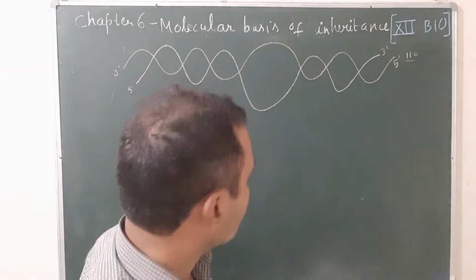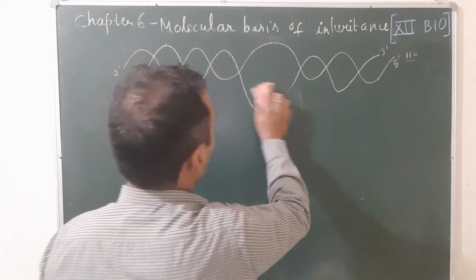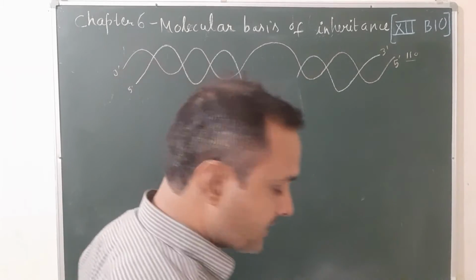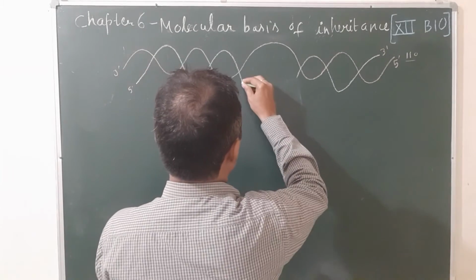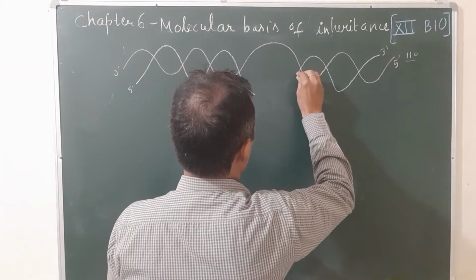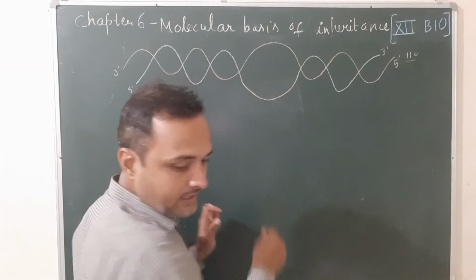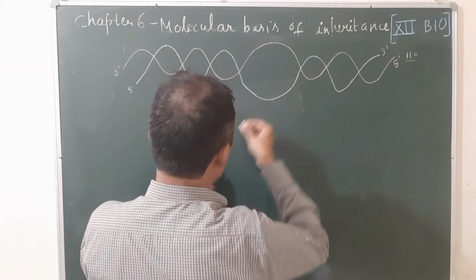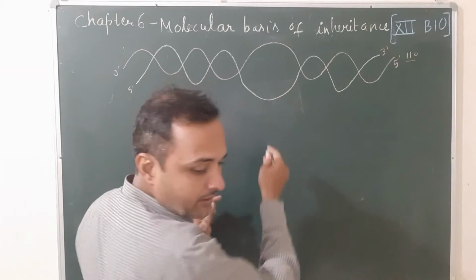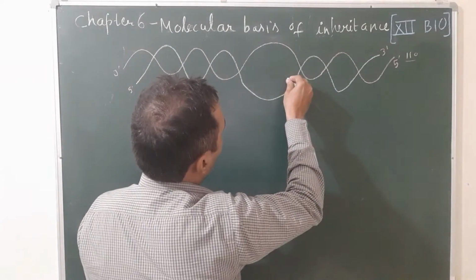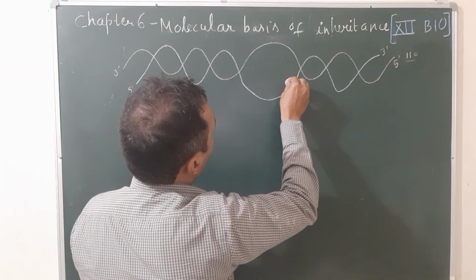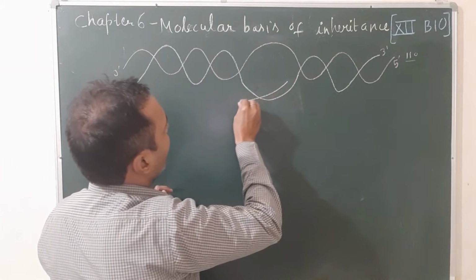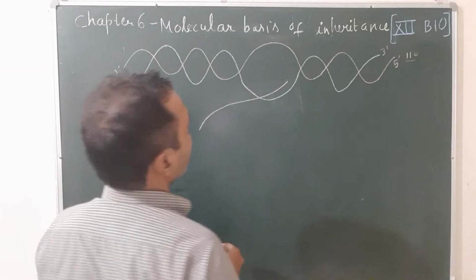And a new RNA is synthesized, in which direction? 5 to 3 direction, with the help of an enzyme known as RNA polymerase. Suppose this is the RNA synthesized.